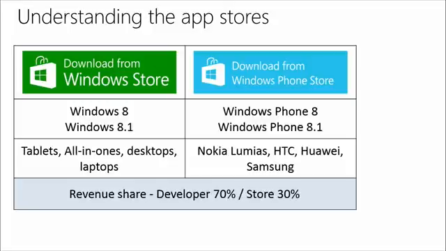It also covers the tablets, all-in-ones, desktops, laptops that are running Windows 8 and Windows 8.1. Okay, so we've got a pretty broad spectrum there then, right? Yeah, pretty much any PC or tablet running Windows 8 and above. Yes, that's how you're going to get your apps onto those platforms.